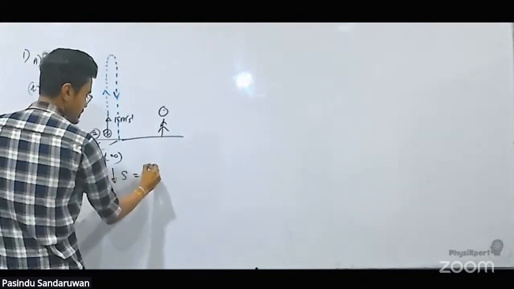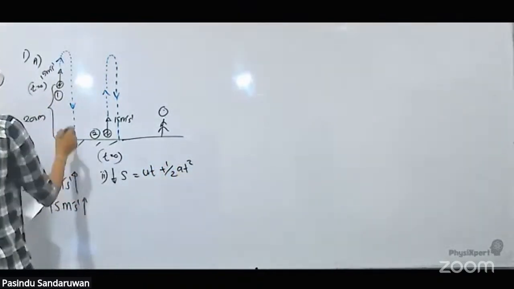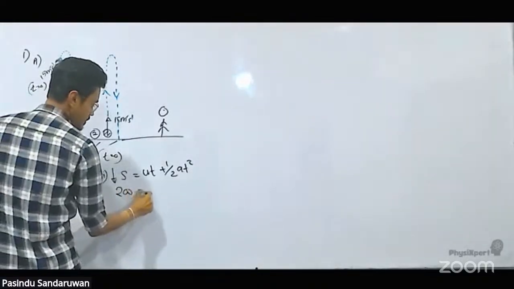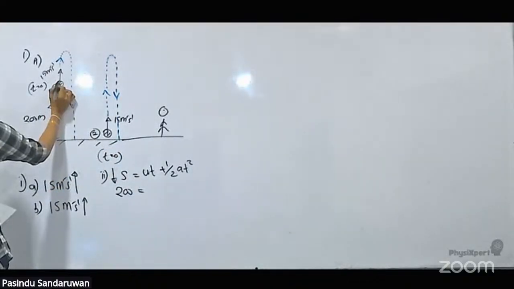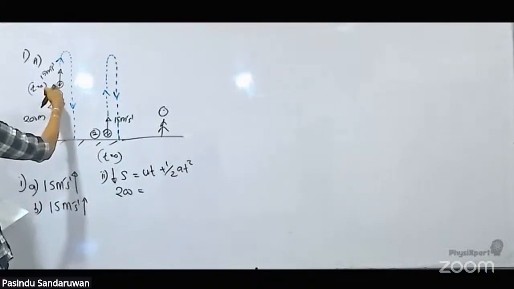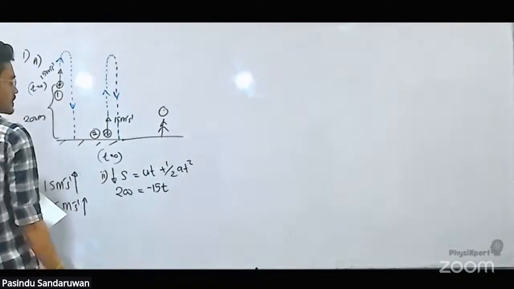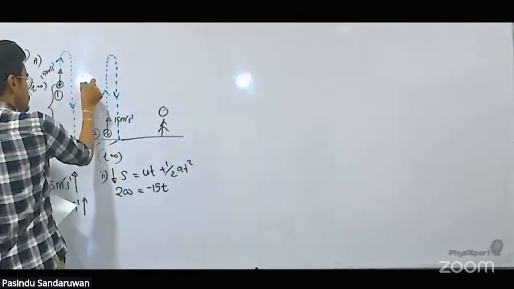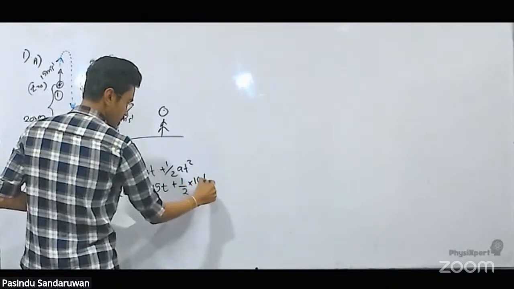The downward displacement from here to here is 200, positive. The initial velocity is 15, but that is upwards and my considered direction is downwards, so it should be minus 15. Minus 15t. We are using the equation downwards, and gravitational acceleration is also downwards, so that is plus, then half g t squared.